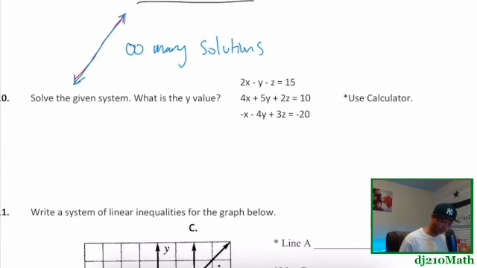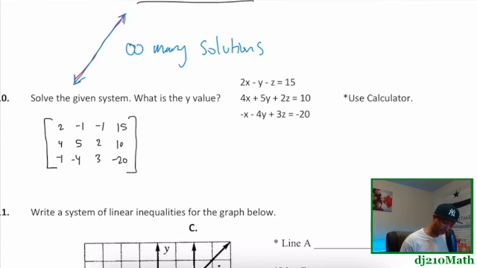In the calculator, we're just going to grab the coefficients: 2, 4, negative 1, negative 1, 5, 4, negative 4, negative 1, 2, 3, and then 15, 10, and negative 20. This is a 3 row by 4 column, X, Y, Z and the answer, 4 columns.